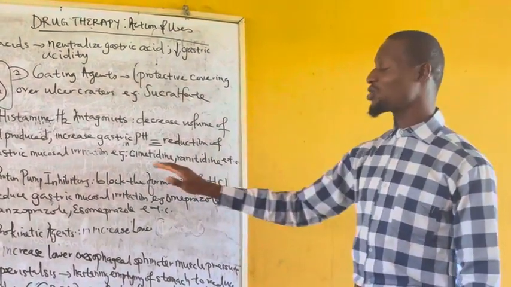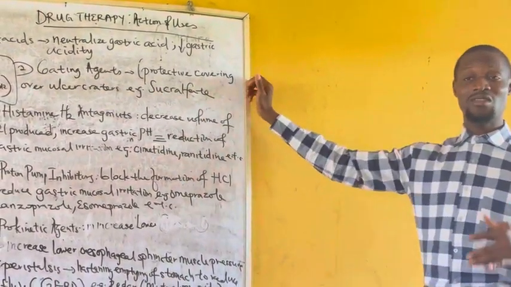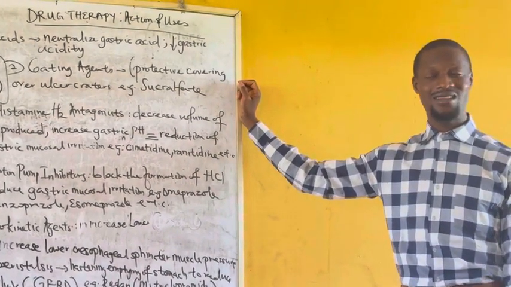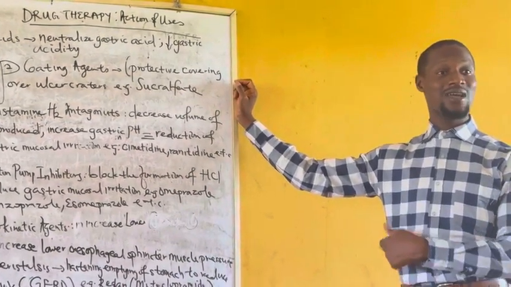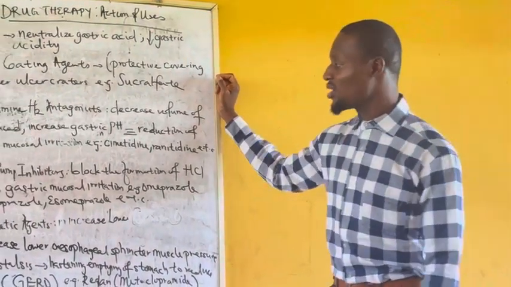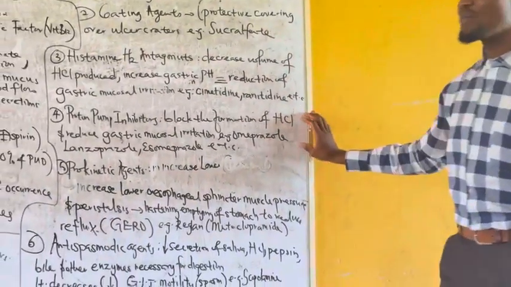Here we also talk about the availability of these drugs. Most of them are available in oral formulations, in capsules, in tablets. Some of them have parenteral dosage forms, depending on what you need to give the patient. From there we move on to the proton pump inhibitors.